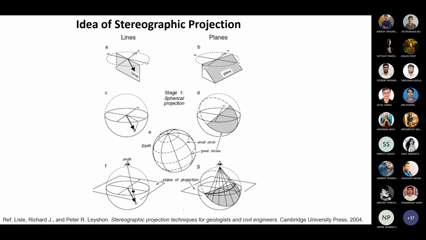If you start with stage one, look at the pictures. The structural line or plane is projected onto a sphere. Suppose you start by projecting a structural line. Figure A shows such a line as observed on the actual surface.